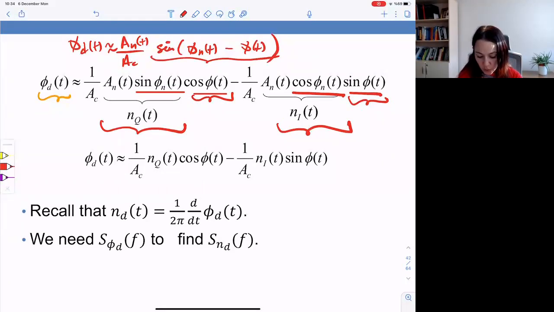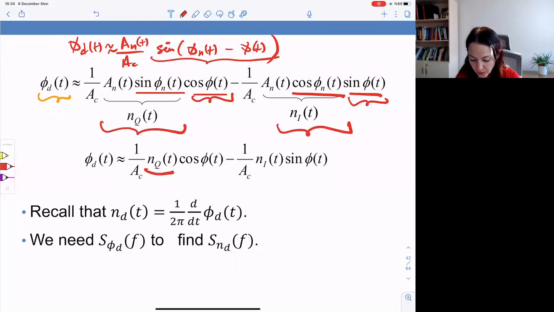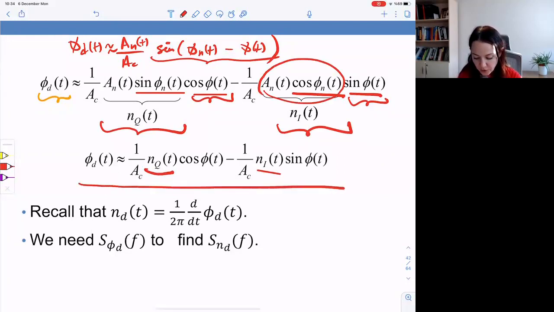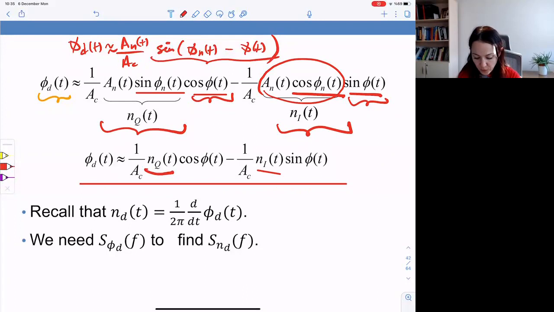So, renaming An of t sine phi n of t as NQ and An of t cosine phi n of t as NI, we have this representation for phi d. Where is our message? The message is in here. So notice that the additive noise is 1 over 2 pi d by dt of phi d of t.